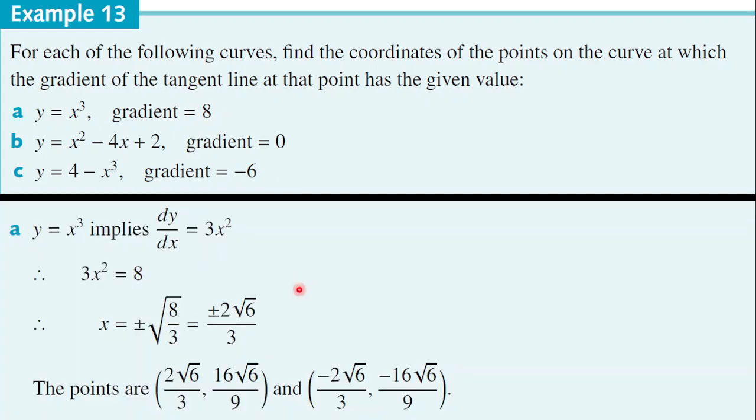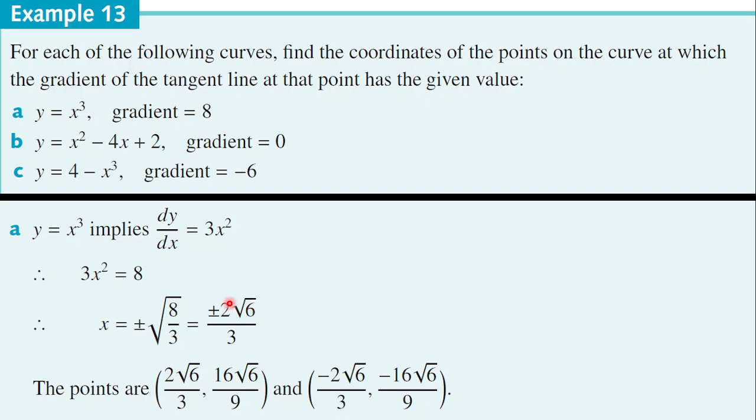So let's do the first one. You differentiate your function, which gives you a rule, the derivative is 3x squared. You want that derivative to be equal to a value of 8, and you're going to solve for x. So here it's a quadratic equation that you solve for x. That will give you two values.